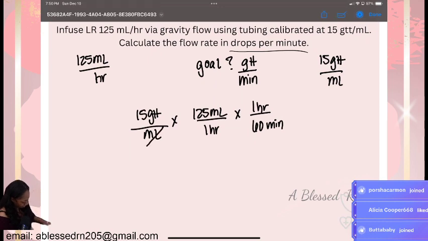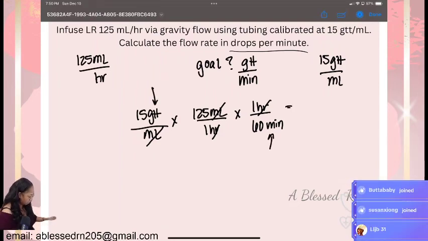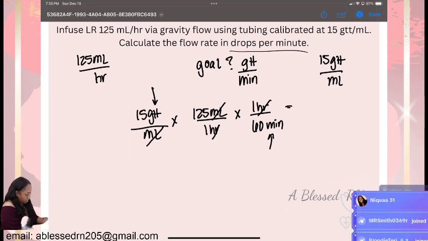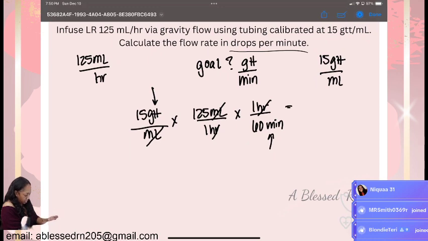So we got mLs on the top and on the bottom crossed out. Hour on the top and on the bottom crossed out. Now we're left with what our goal is. So calculator trick, here we go. We'll enter 15 multiplied by 125 times 1 divided by 1 divided by 1 divided by 60. And that's going to be 31. It's 31.25, but if it's 0.25, you know that we're going to stay right there at 31, okay?